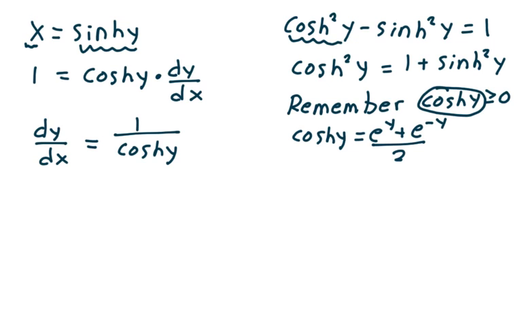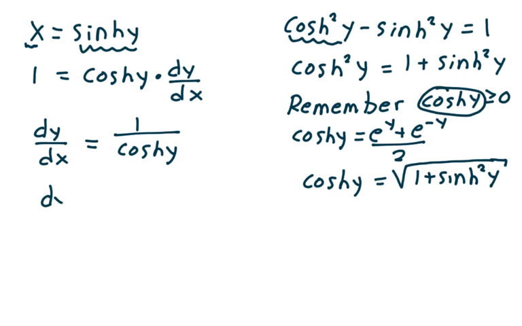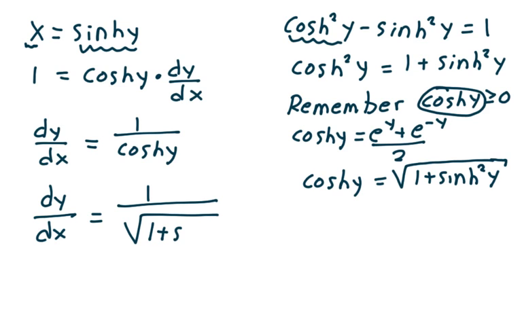Now, why is that important? Because I want to solve for hyperbolic cosine y, and I'm going to take the square root of 1 plus hyperbolic sine squared y. And so dy dx is 1 over the square root of 1 plus hyperbolic sine squared y. Now, remember, x equals hyperbolic sine of y.